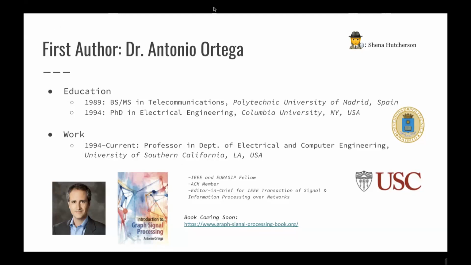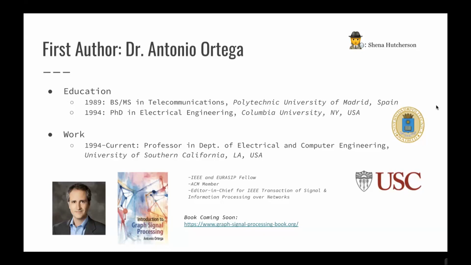From there, he went to the University of Southern California, where he has stayed as a professor and researcher for the past 27 years in the electrical and computer engineering department, and served as associate chair. He is a fellow of the IEEE and European Association for Signal Processing, and is a member of the Association for Computing Machinery, and is editor-in-chief of the IEEE Transactions on Signal and Information Processing over Networks.